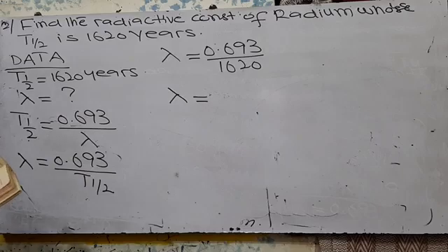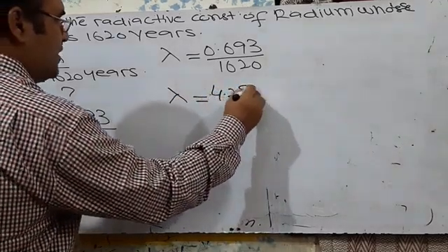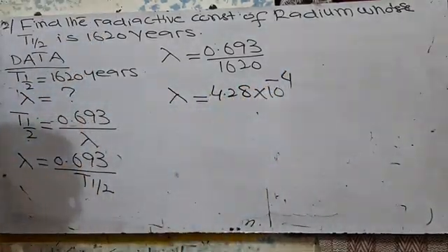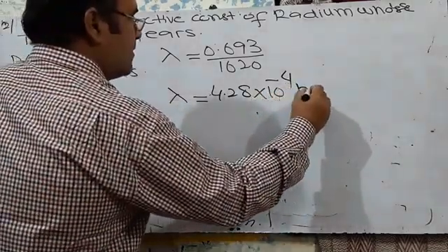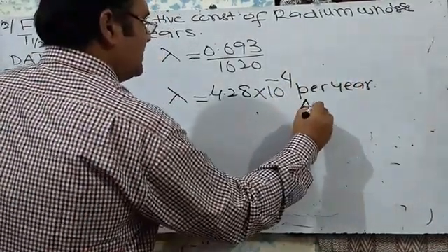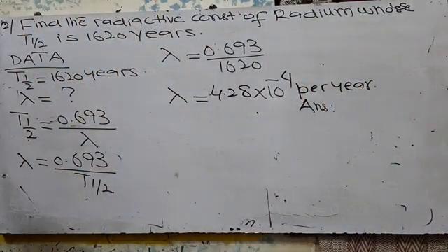So lambda will be about 4.28 into 10 power minus 4 per year. So this is the answer. Okay, hope you understand this numerical.